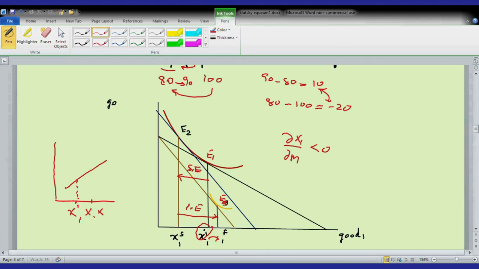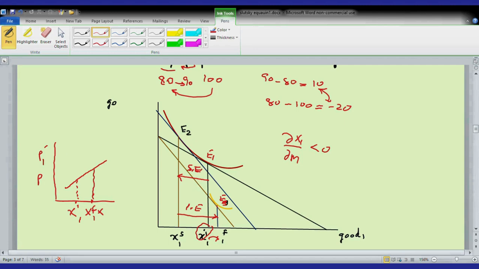So in the case of this type of good, the Marshallian demand curve is upward sloping, and this is the case where both these effects are moving in opposite direction, with the income effect dominating the substitution effect.